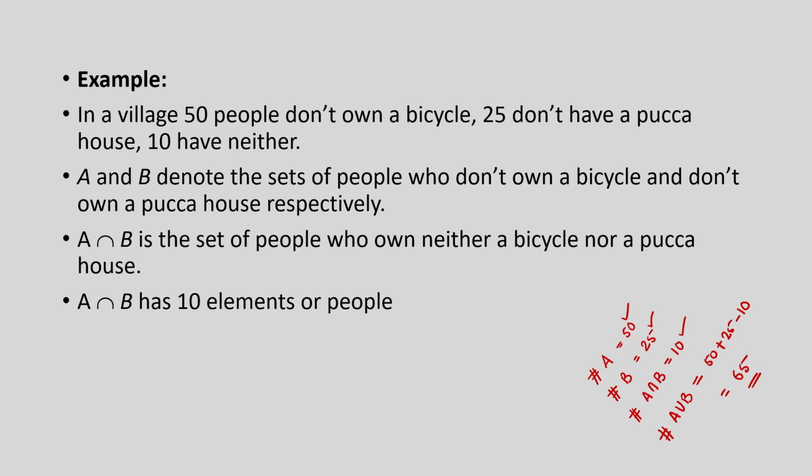Why did I do this operation, this plus this minus this? Because 10 elements are common in A and B. If I just add this and this, then we will be counting some of the elements twice, because they are both in A and B. So, to avoid this double counting, I take out those people who are common in both the sets. So, 10 is taken out, and I am getting 65.